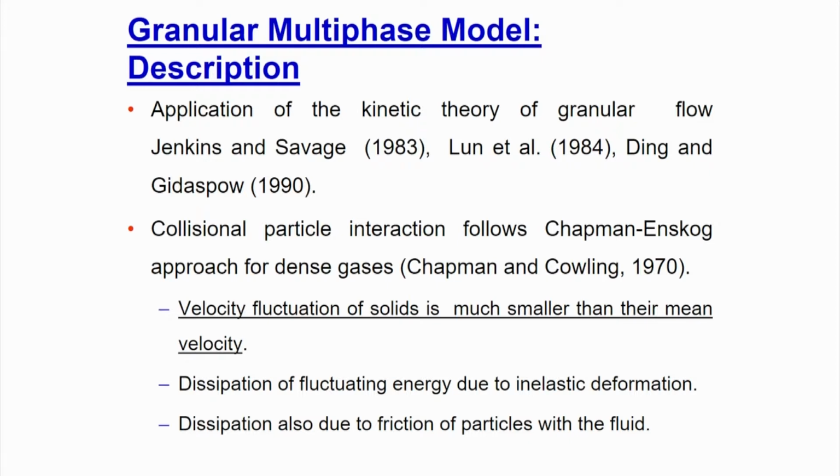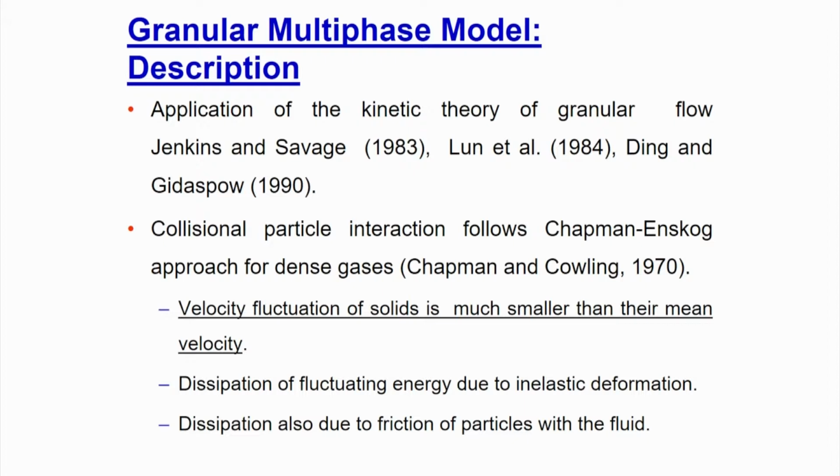You do not assume that the particle is a point particle, you assume the particle has a certain size, and then you try to calculate what interaction forces will be acting on it. Then you define the attraction potential, repulsion potential, Lennard-Jones potential, all those quantities. Kinetic theory of granular flow is also very close to the Chapman-Enskog theory, and we assume that the particle has a finite size, and with that finite size we see the interactions.